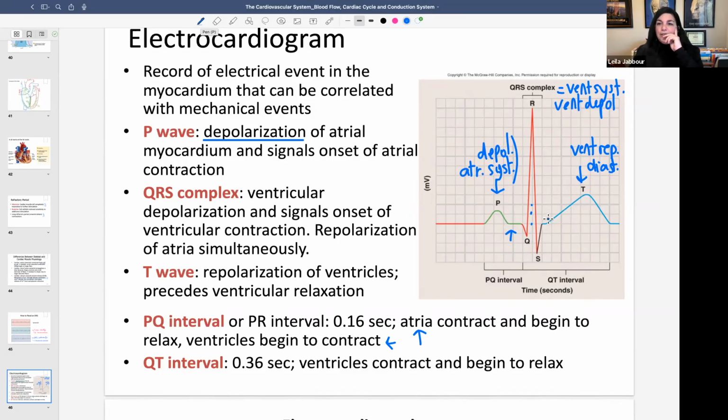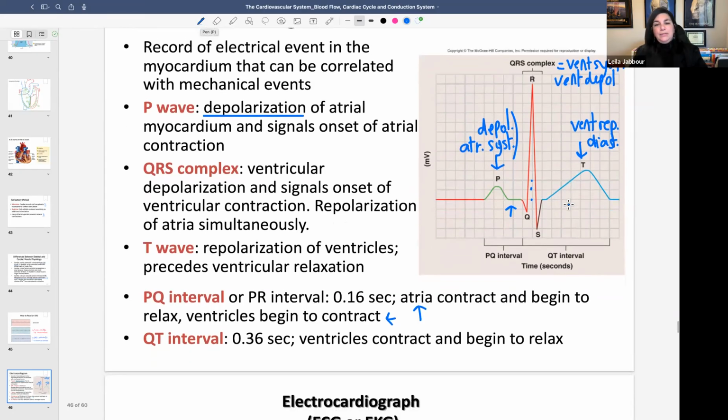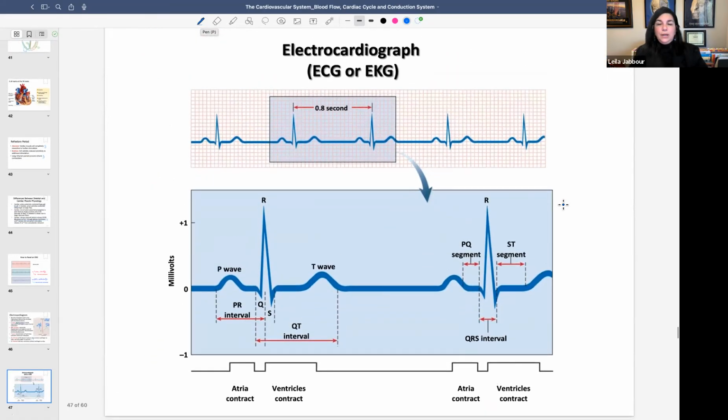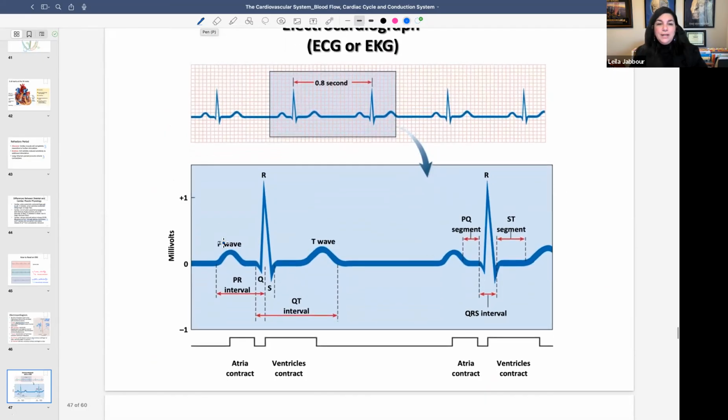So they contract over here, and then they finally start relaxing at the T wave. Okay. So on an electrocardiogram, you see a P wave, QRS complex, T wave.